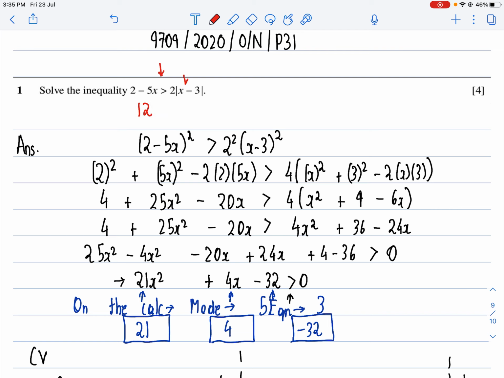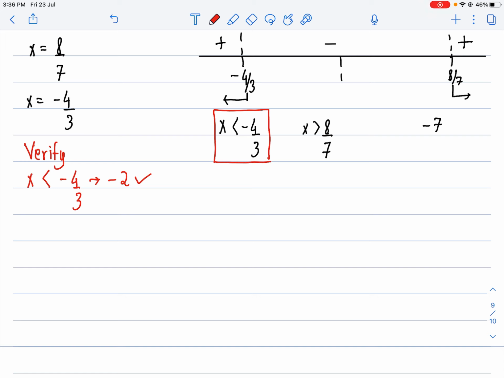And now when I put minus 2 in the right hand side, first I get minus 2 minus 3, which is minus 5, and the mod of minus 5 is simply 5. Now 2 into 5 is 10. Correct? And I know 12 is more than 10. That means this is verified. So I know that this thing here is one of my answers. It's totally verified, there's nothing wrong.